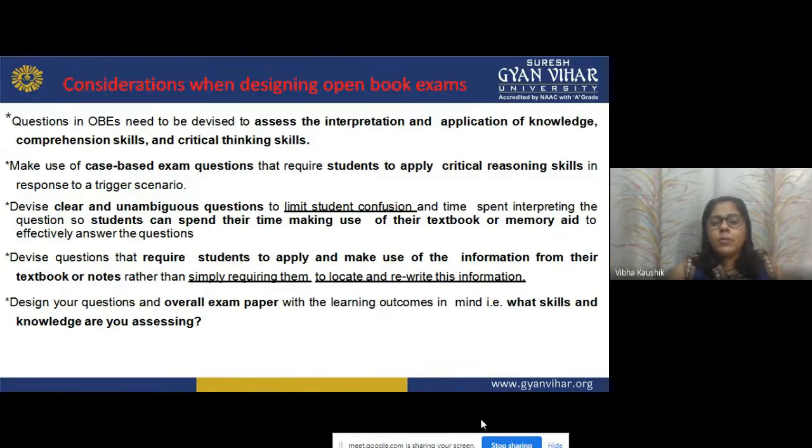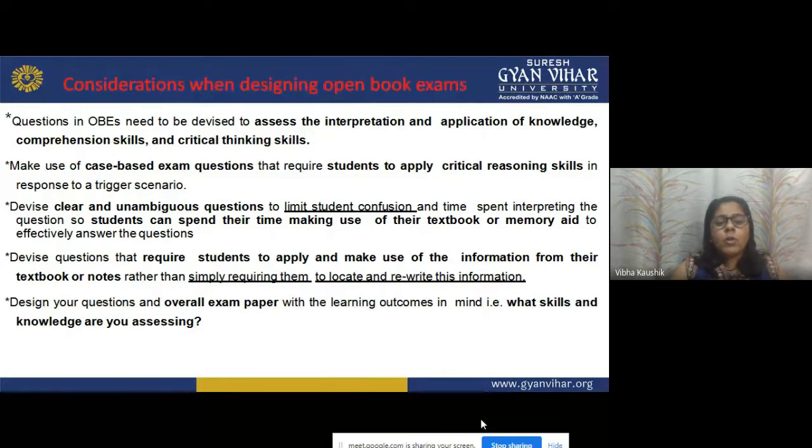It is not that I located the information that was asked and rewrote it. No, this is not the basis of the open book exam. We are focusing on developing critical reasoning and the application of knowledge when we use the open book exam for assessing the knowledge of the learners or students.